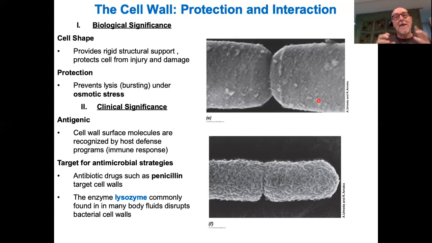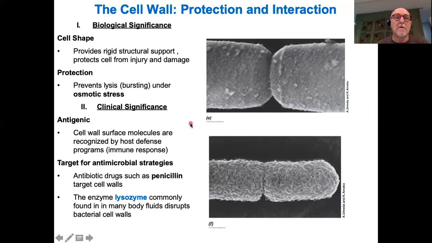But it does mean there is a pressure inside the cell, and that we call the turgor, T-U-R-G-O-R, the turgor pressure. When the turgor pressure equals the osmotic pressure, everything's fine, because as much water goes in will go out. That's the principal responsibility of this cell wall. It is a protection against osmotic stress.